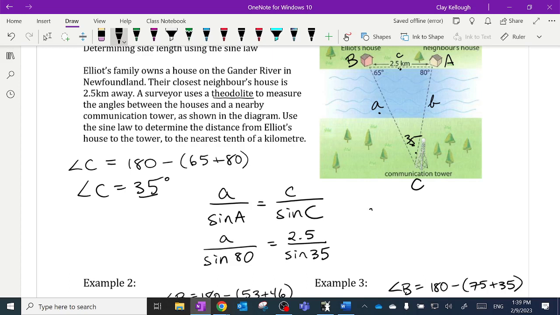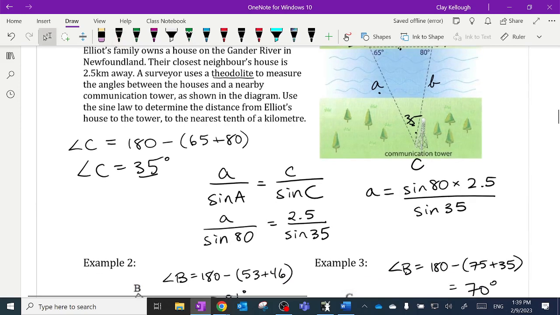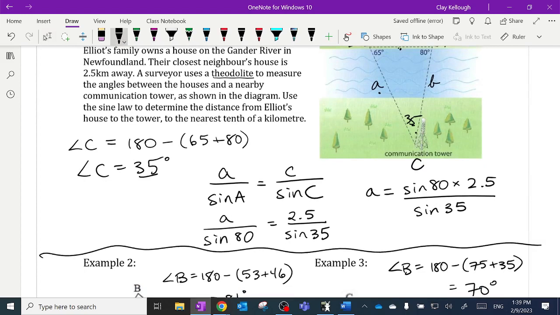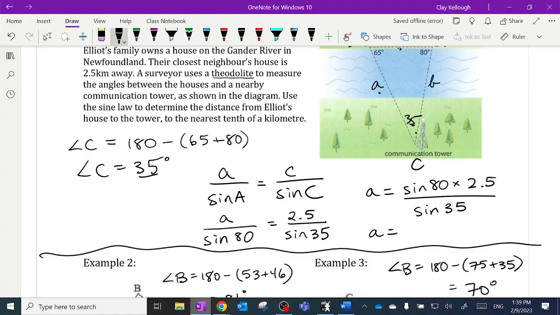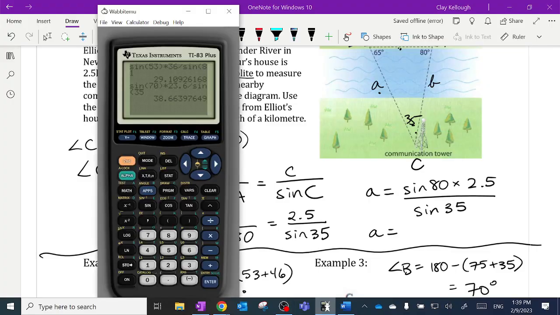All right, cross multiply. Sine of 80 times 2.5 divided by sine 35. So side A is, oops, that's not what I wanted to do. That's what I wanted to do.